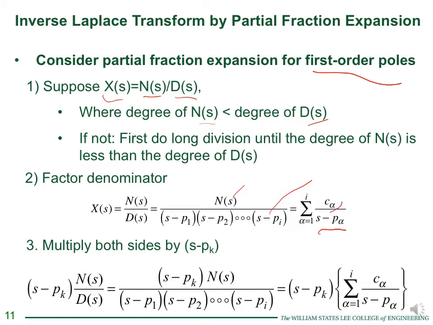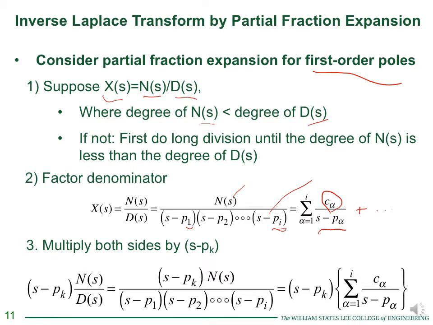And so on the right-hand side of the equation, it's going to be the sum of a bunch of terms of this general form of a numerator coefficient divided by the particular pole. Again, we're assuming we have I different and unique poles, from 1 to I, for this denominator.